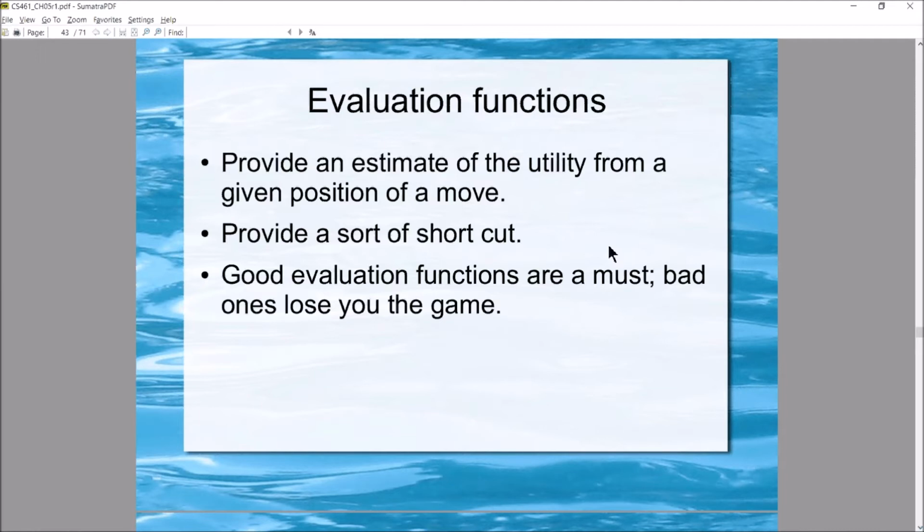Okay, now the evaluation functions have got to be good. They have to be very, very useful. They have to be good guesses as to the value of that state from the point of view of the player doing the searching, because bad ones are going to lose you the game. So for example, max's turn, max is X, and 2 X's in a row.